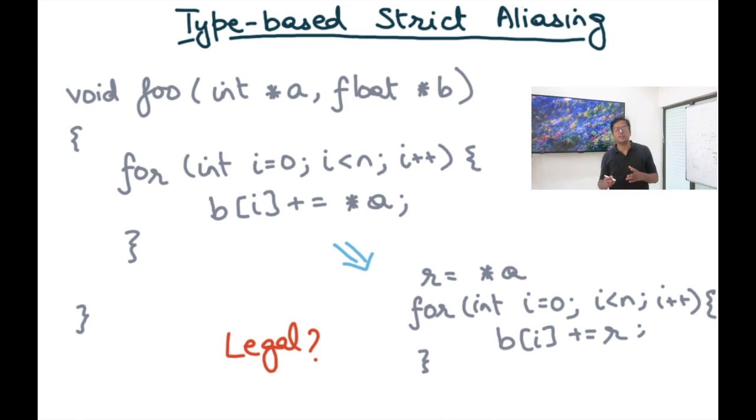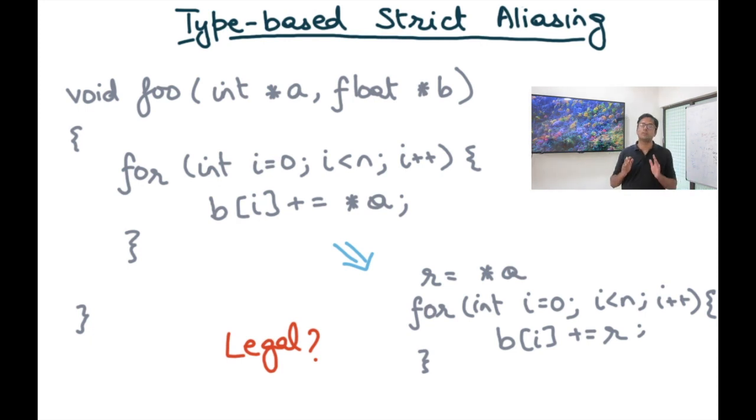When I say that should never happen, it doesn't mean that the compiler will flag it or generate an error, because the compiler cannot check everything. So what the language designers did was say it's the responsibility of the programmer to ensure that there is no undefined behavior in their program, because the compiler cannot check everything. For example, the compiler cannot check whether i belongs to the range of b or not. In general, that's an undecidable problem.